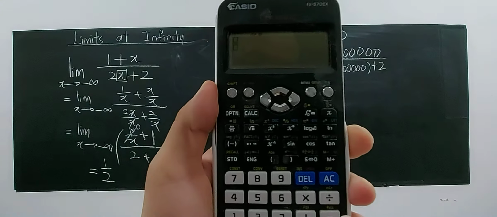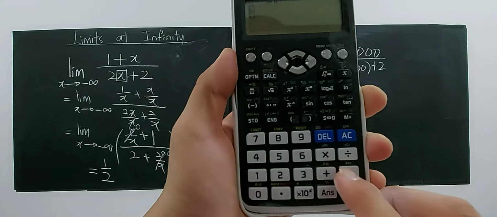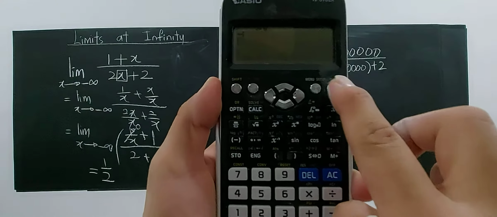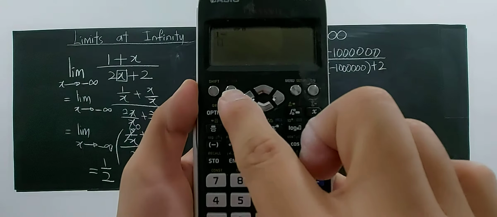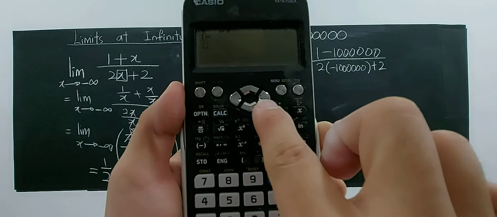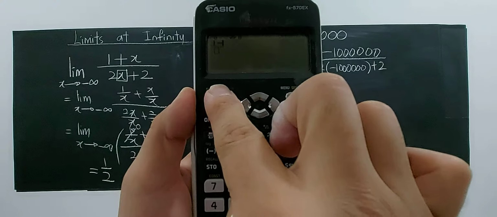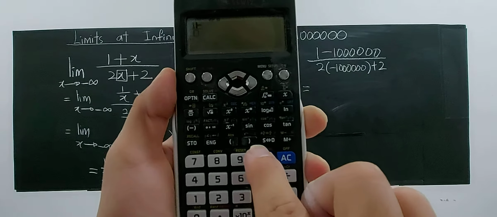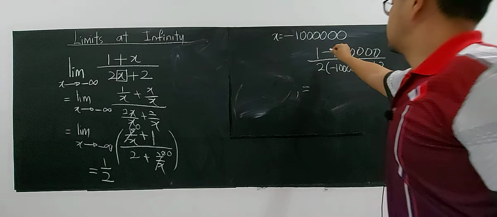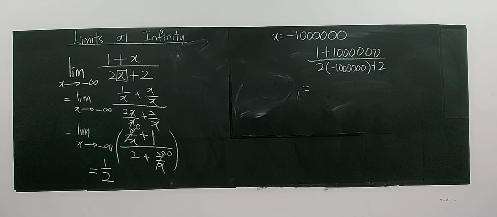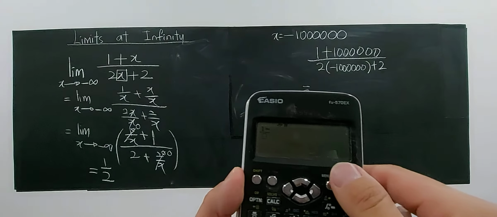So you're taking 1 minus... oh, sorry, here should be 1 plus x over 2x plus 2.